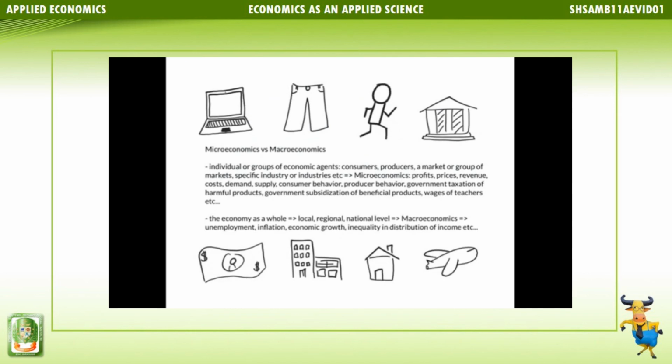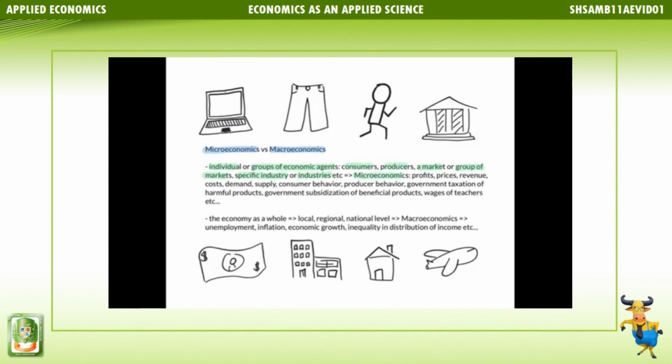There are two main branches or fields in economics. There's microeconomics and macroeconomics. Microeconomics studies individual or groups of economic agents. So studies concerning consumers, producers, a market or maybe a group of markets, a specific industry or a group of industries, etc. These all fall under the realm of microeconomics.